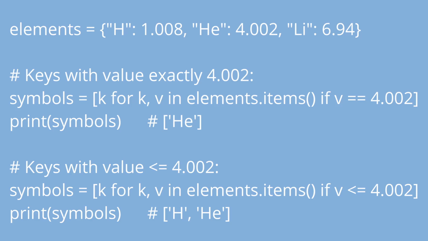If keys with values less than or equal to 4.002 are wanted, symbols equals k for k, v in elements.items if v is less than or equal to 4.002. It gives HE. This is like filtering the periodic table by mass.